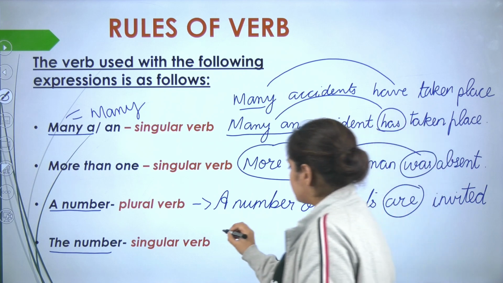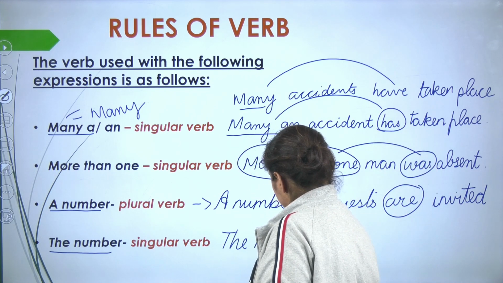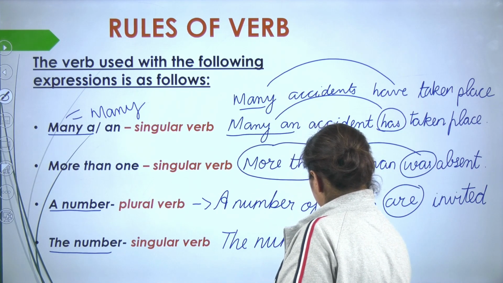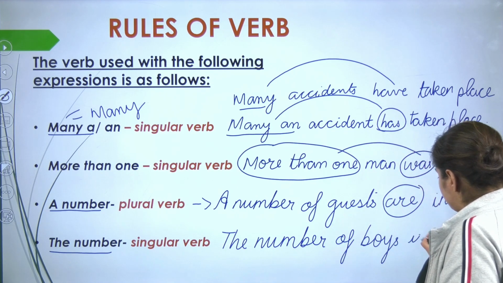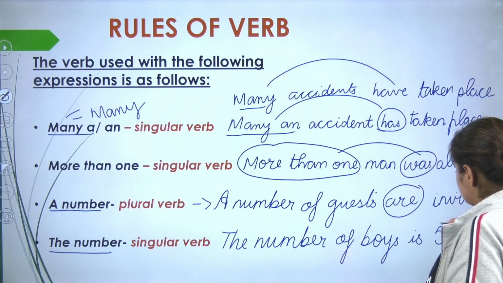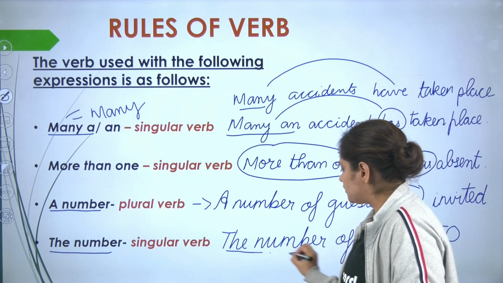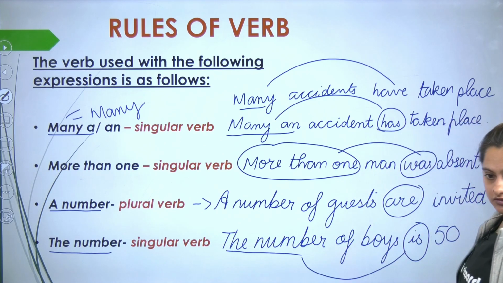The number of boys is 50. Why "is"? Because with "the number" we always use singular. So this is how you will remember. This is specifically related to phrases. So this is how you will follow. Clear?